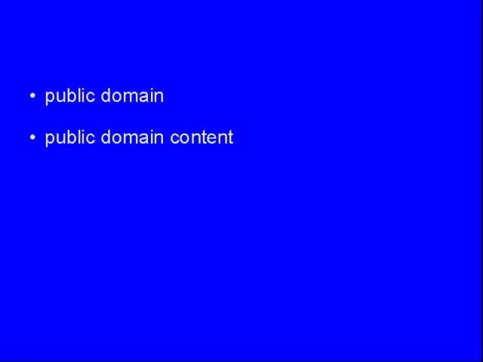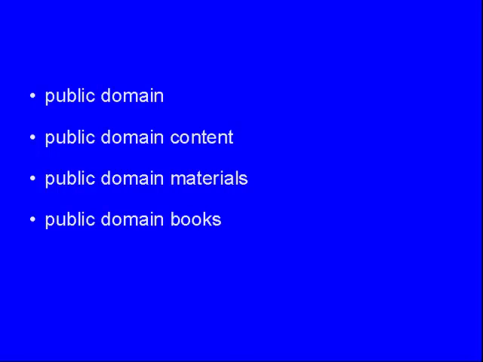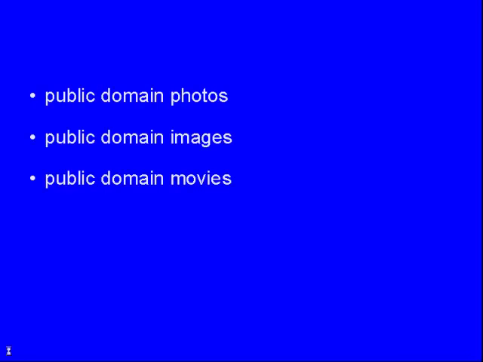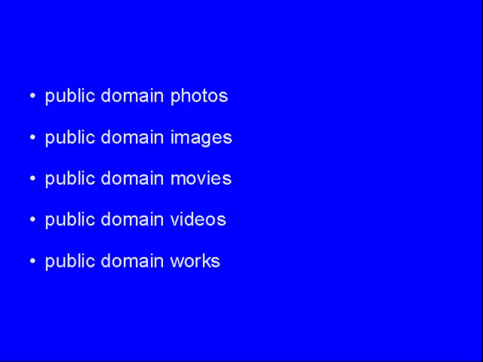Public domain content, public domain materials, public domain books, public domain ebooks, public domain pictures, public domain photos, public domain images, public domain movies, public domain videos, public domain works, and public domain library. All of these search terms pull up pages of relevant search results.